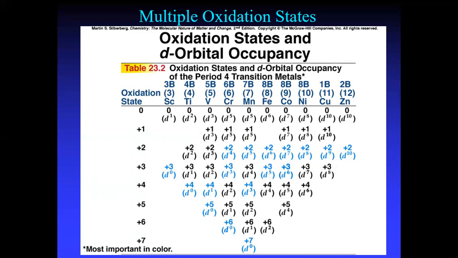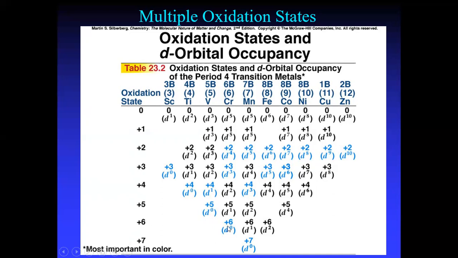Coming to the +5 oxidation state, by losing 5 electrons you get +5. How do you get the positive oxidation state? By losing electrons. So you get +5 in vanadium, chromium, manganese, and nickel.